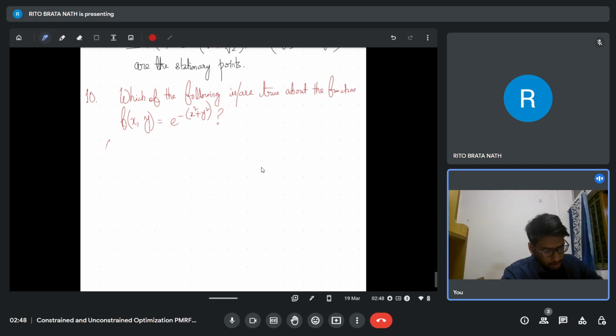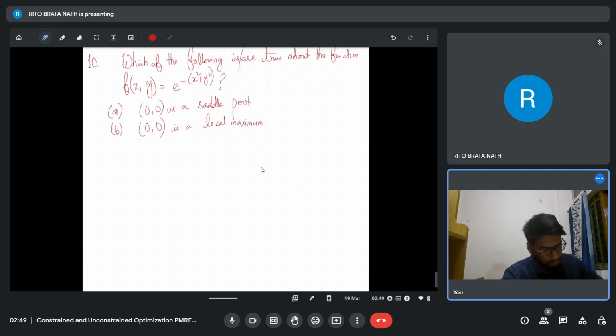Option A is (0, 0) is the saddle point. Option B is (0, 0) is a local maximum.